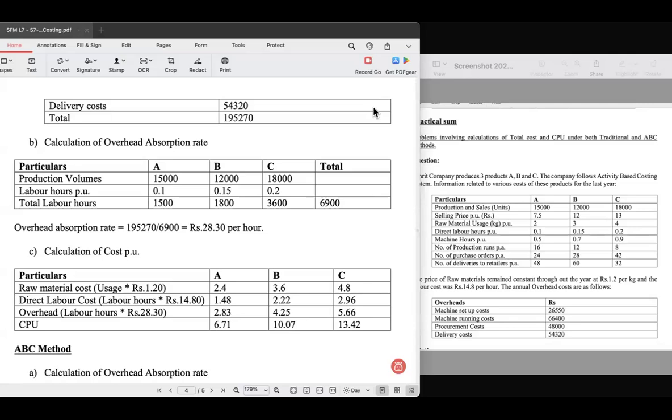Here, information is only direct labor hours, raw material usage per kilogram. Where is the cost? We need the cost. Why is everyone quiet? Who can find it? Let's see who can find it.